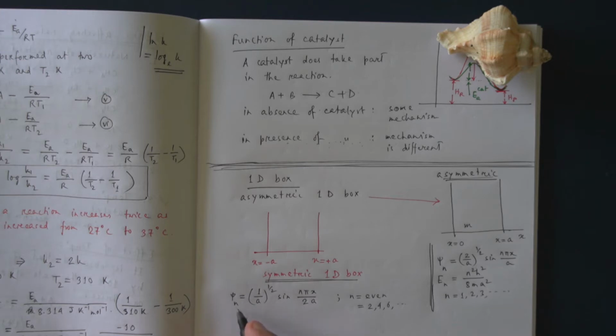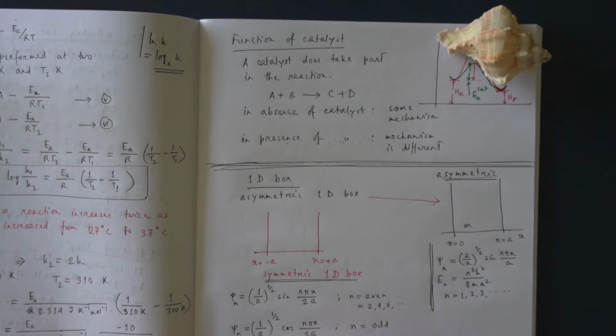Psi depends on n. And psi equals 1 by a whole to the power half times cos of n pi x by 2a when n is odd.